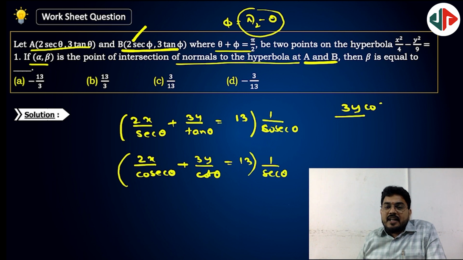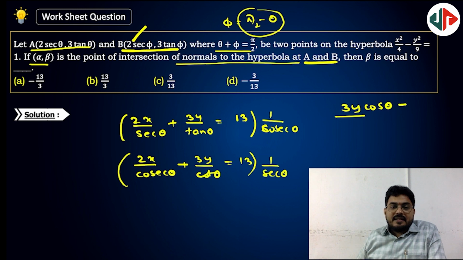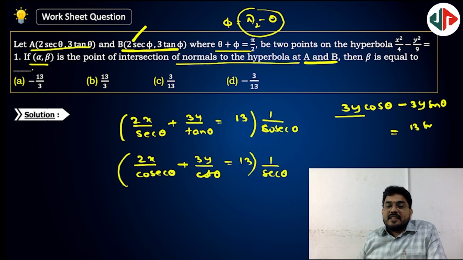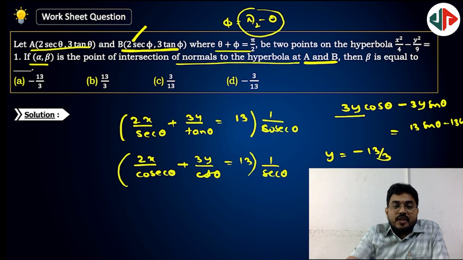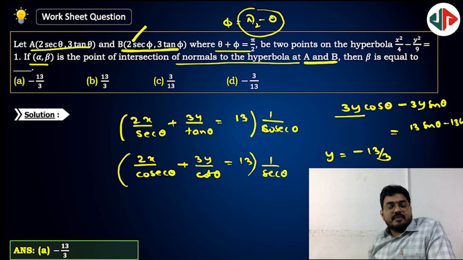So 3y cos theta minus, subtraction, so secant theta cancels, minus 3y sin theta is equal to this value, 13 sin theta minus 13 cos theta. So y is equal to minus 13 by 3 is the answer.